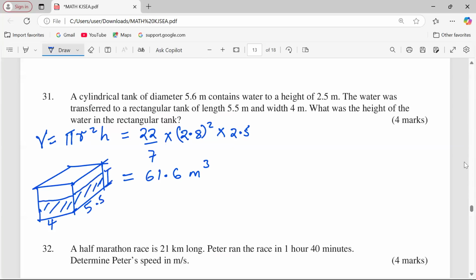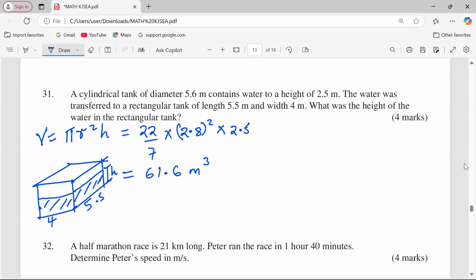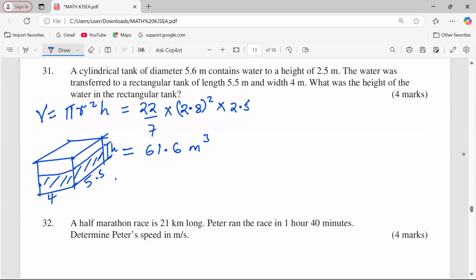It is this height that we don't know. So volume is usually given by length times width times height. And we know the volume is 61.6. So this will be the same as a length of 5.5 times a width of 4 times height unknown.